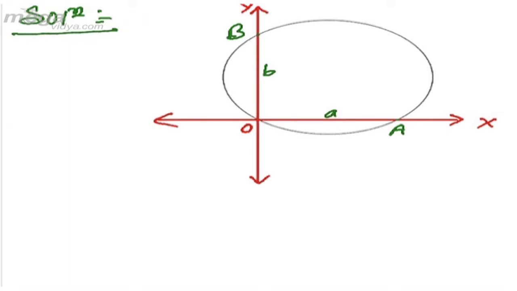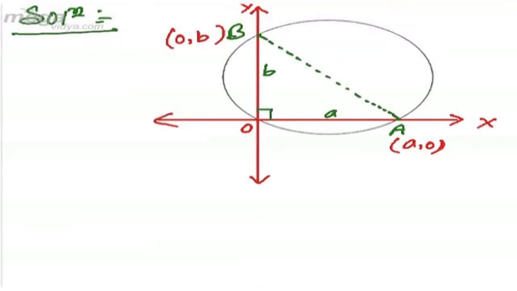Now using these intercepts, the coordinate of A will be a comma 0, and the coordinate of B will be 0 comma b. Now if you join A to B, then this AB will be the diameter, as the circle is passing through the origin, and at the origin both the axes are perpendicular to each other.